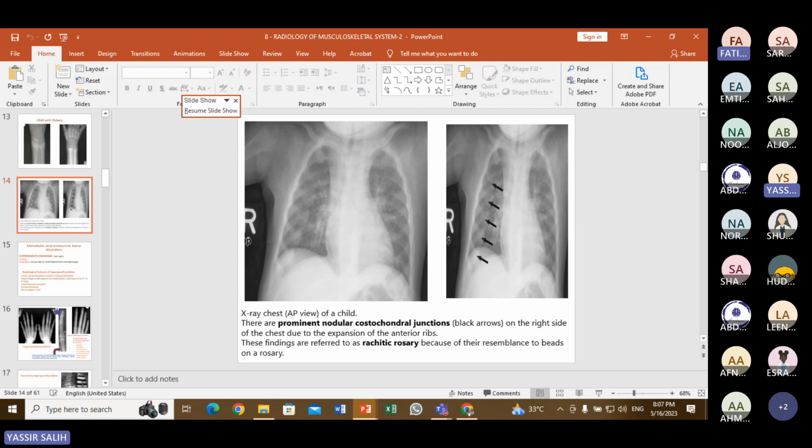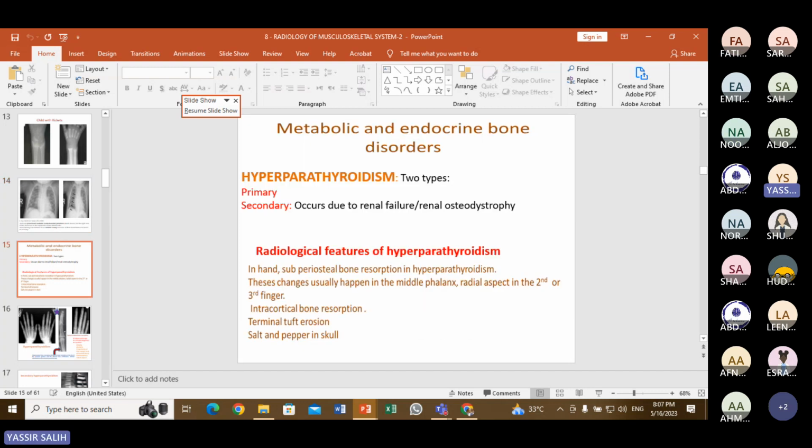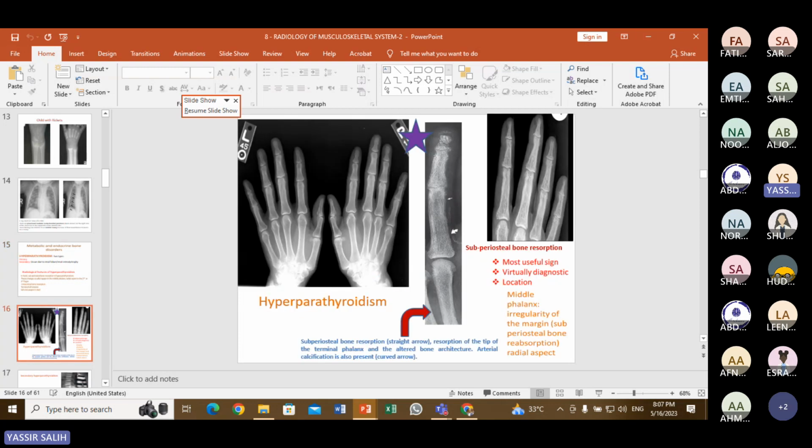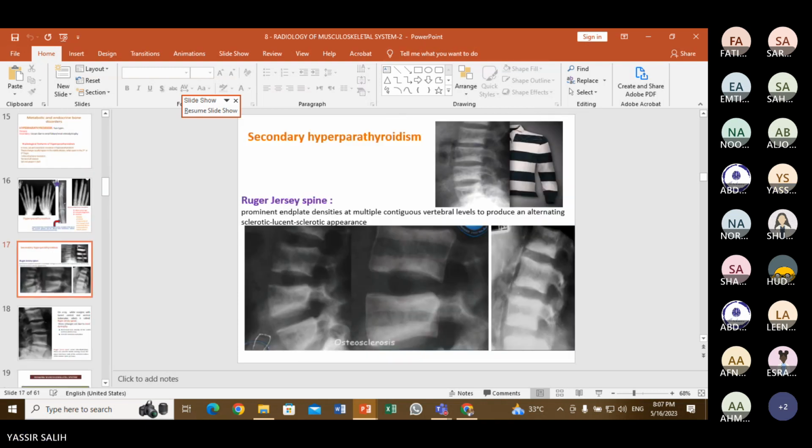The radial aspect. So the radial aspect of the middle phalanx of the second and third fingers. The resorption looks as if there is erosion: subperiosteal bone resorption.